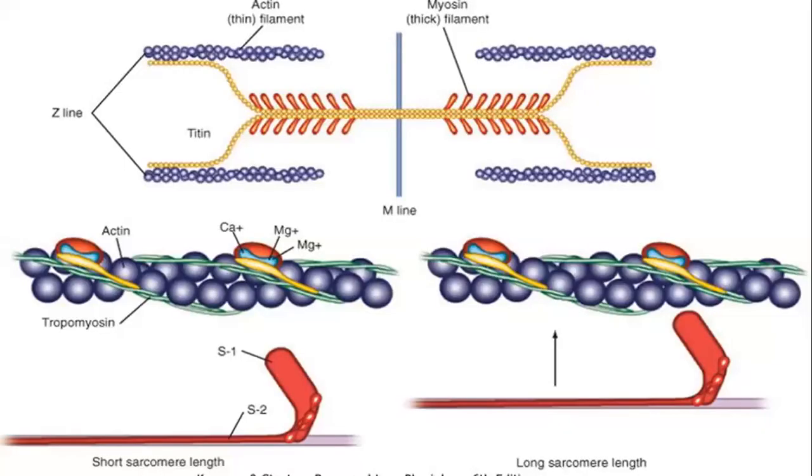Now let us revise the excitation contraction coupling. A typical neuromuscular junction is not present in a cardiac muscle.